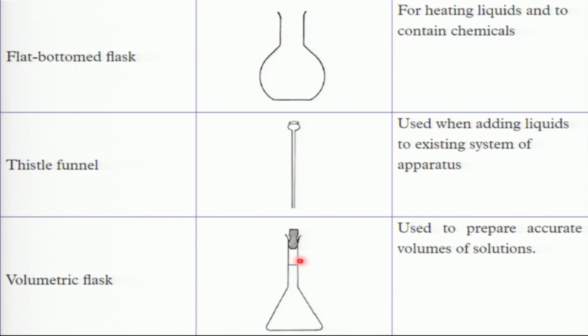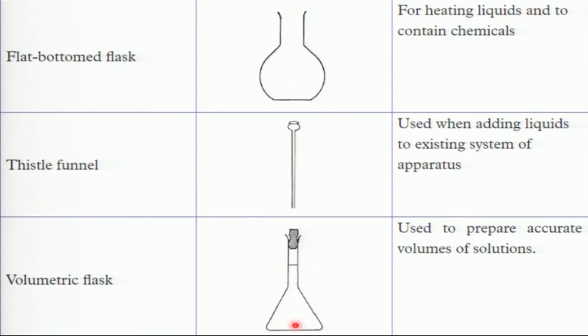So what is this? This is a volumetric flask. The volumetric flask is used to prepare specific volumes of solutions. So specifically when we are doing titration, normally this one you find they measure in liters. Where there is this mark here, it indicates a liter.